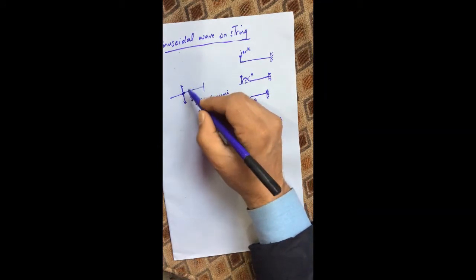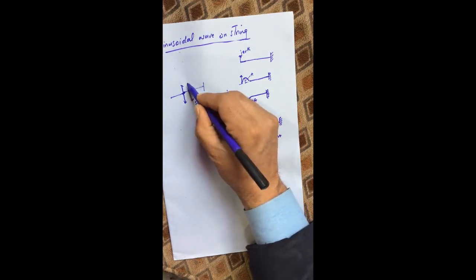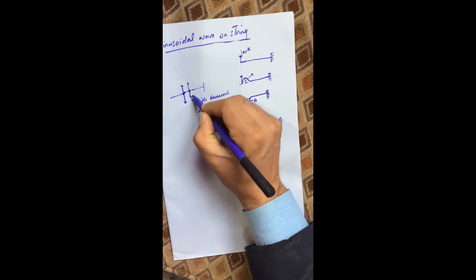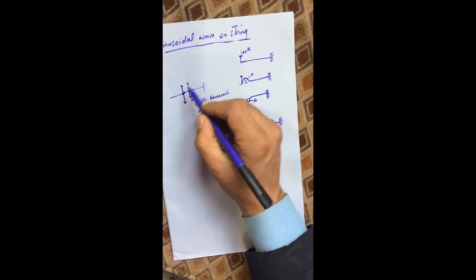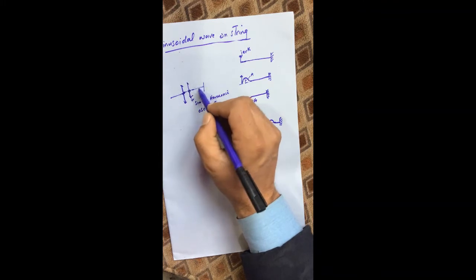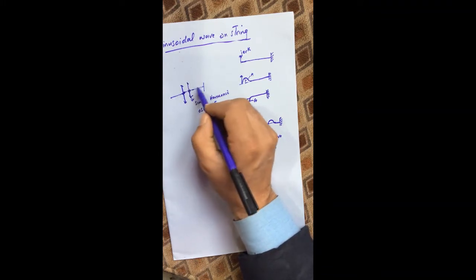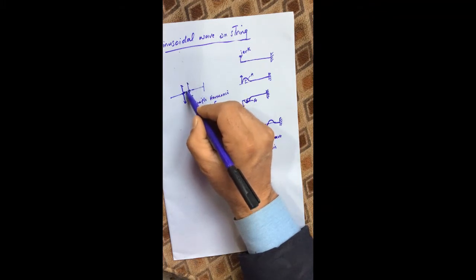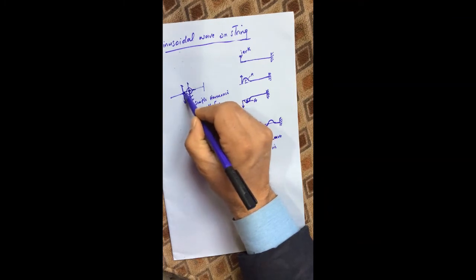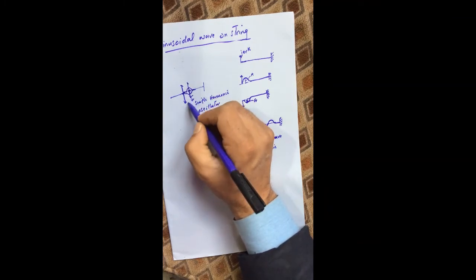Why? Because this segment moves up and down periodically once a wave train is passing through this string. So at one time it looks like this, at the other time it looks like this. It oscillates both in upward and downward direction.